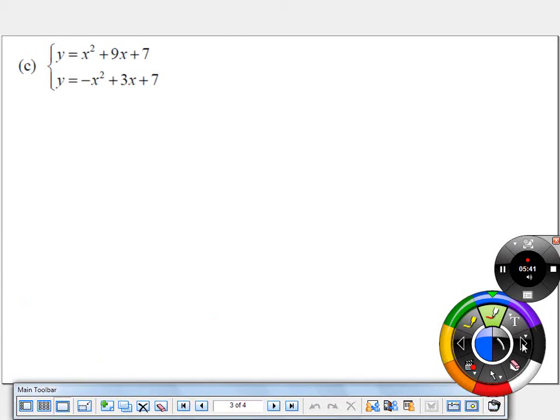All right, looking at the third example, we have two quadratics, but again, I could take the same approach as before. I can set negative x squared plus 3x plus 7 equal to x squared plus 9x plus 7. And when I do this, I'll go ahead again and move everything to the same side to see what I am really dealing with.